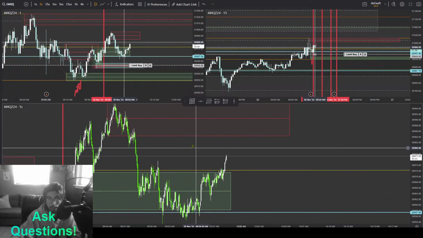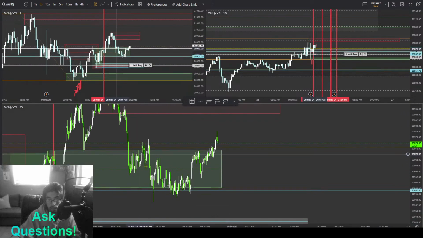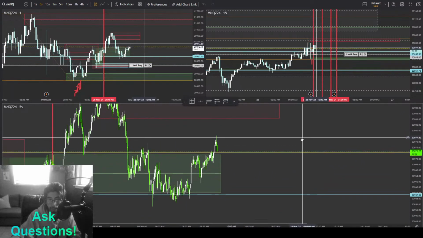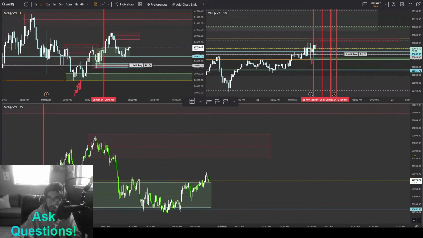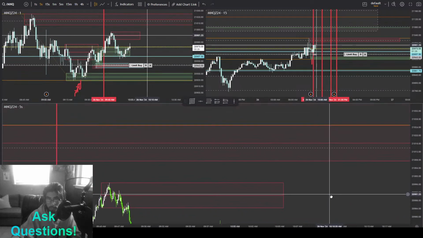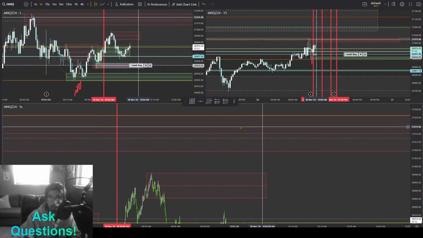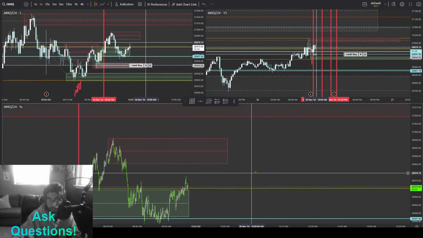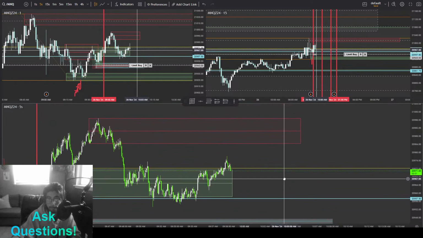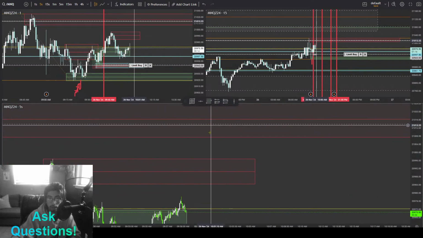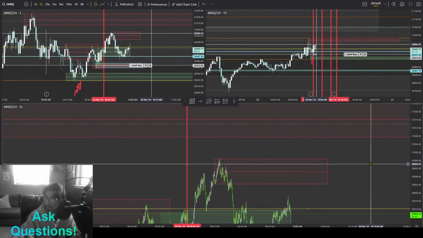Okay, let's see. I don't really like this zone just because we're really respecting this green area, meaning that we're still flipping to bullish. After we break here, then I can really confirm bullish, but not yet. And I say right here because this is in the middle of the 15-minute zone.